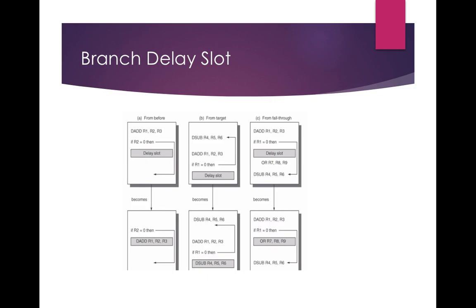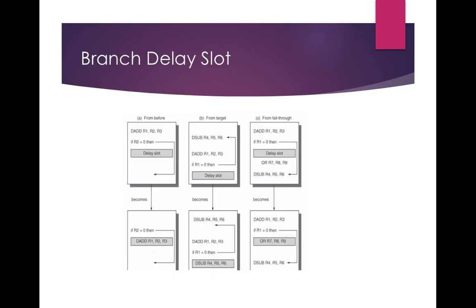In the third case, if R1 equal to 0, when the branch instruction occurs it looks at the previous instruction. Here also data dependence occurs, because the result has to be put in R1, so we can't rearrange it.